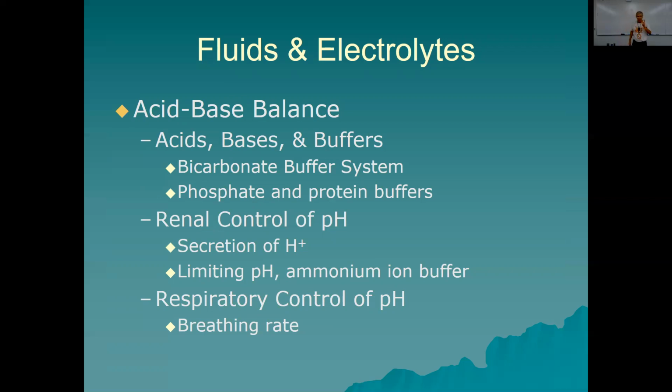The limiting pH: your pH range is usually from 4.5 to 8. It's usually acidic, and it can't get lower than 4.5. You can't let your filtrate in your kidneys get less than 4.5.